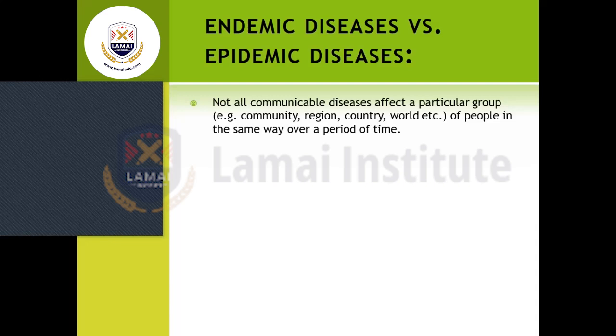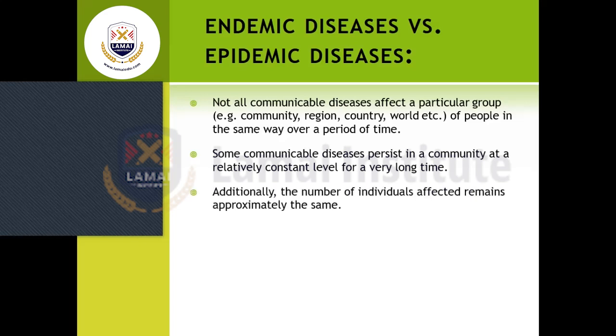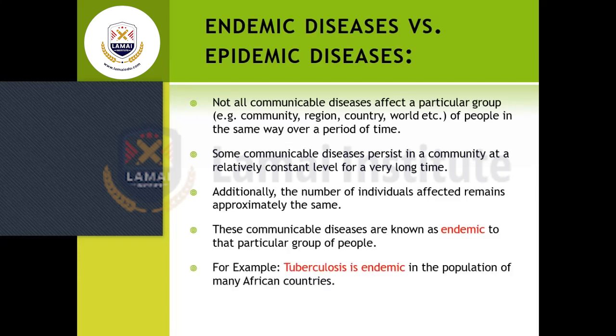Some communicable diseases normally persist in a community at a relatively constant level for a long time, and the number of individuals affected remains approximately the same. These are known as endemic to a particular group of people. For example, tuberculosis is endemic in the population of African countries.